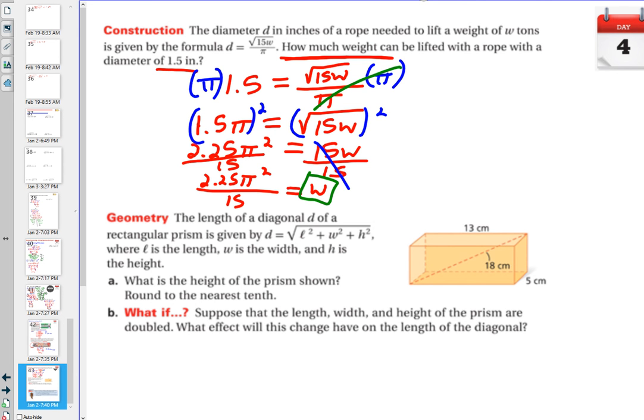Now I can round. Let's use our calculator skills. I would do 2.25 pi squared, hit equals, and then divide by 15. I don't see where this tells us where to round, so the weight is approximately 1.48.